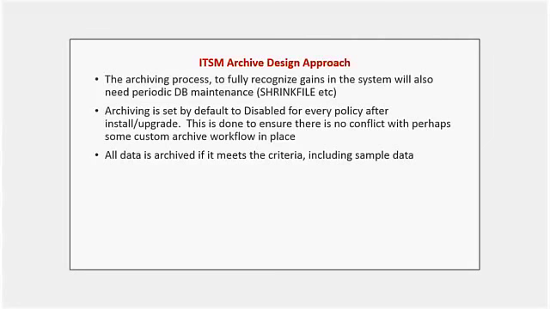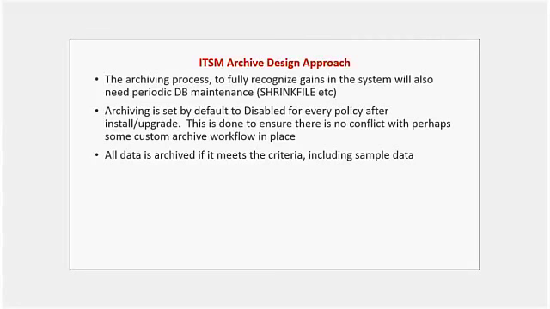Archiving by default is set to disabled for every policy after install or upgrade. The reason being, you may have actually had archive on already in a previous version where you've defined your own workflow, you've set your own policies and qualifications.